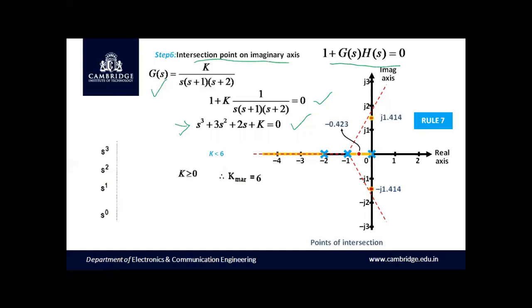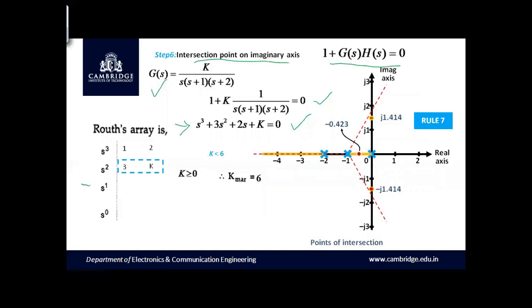Let us generate the Routh array. To fill up the first two rows, the s cube coefficient is 1 and the s square coefficient is 3. The s coefficient is 2 and we have a constant K.